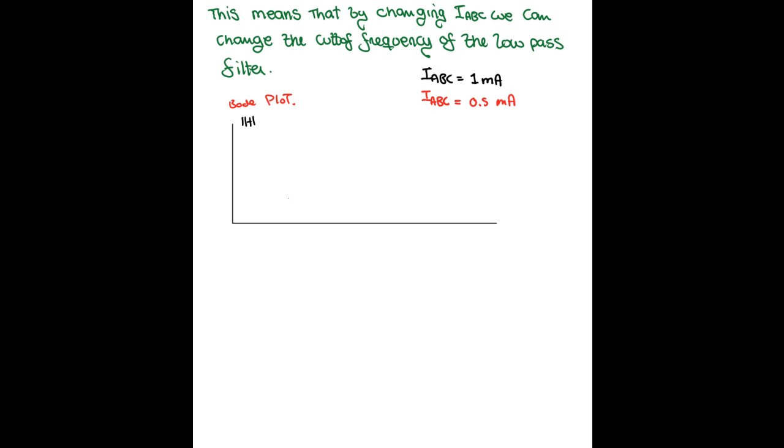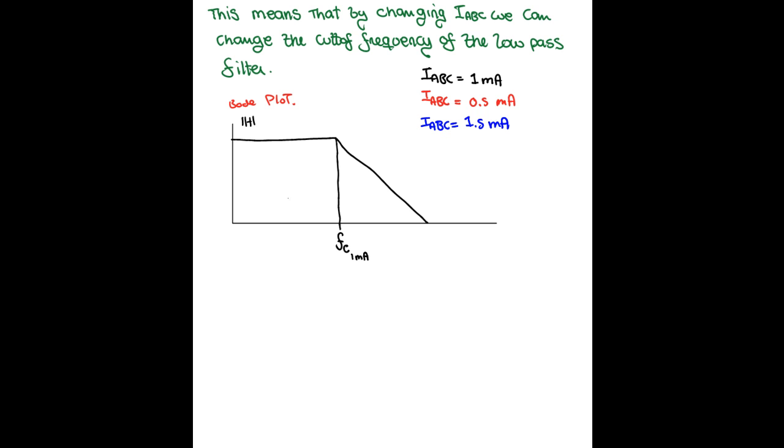And in blue we put IABC is equal to 1.5 milliamps. Okay, so let's draw some low-pass curves. So you're gonna have a low-pass curve that looks like this, and the cutoff here is gonna be FC, and that's at 1 milliamp for IABC.